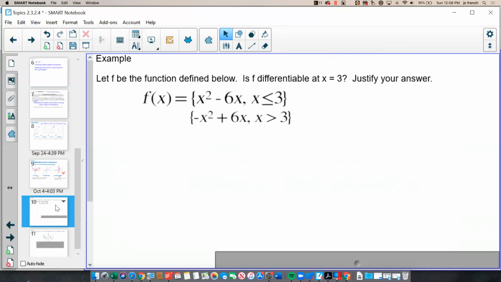If the function is continuous, then we can look at whether our derivatives from the left and right are equal to each other. So step 1 here: is the function continuous?